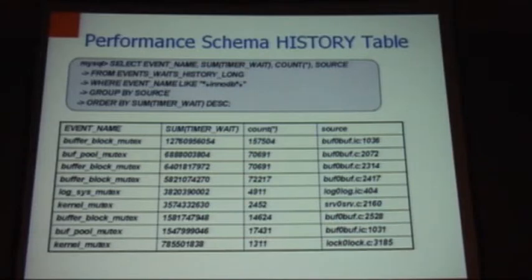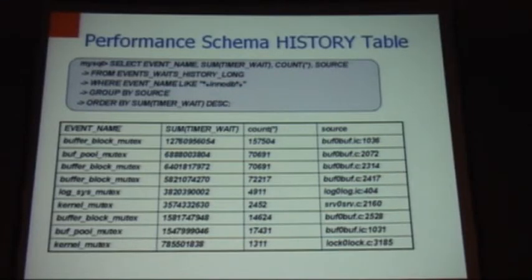So a mutex can be overloaded and can happen in different places, and you know exactly which place is hot in the last operation. Also, this table, you can truncate. It's like a normal table, although it's not really a table, but you can just work on it. You can truncate it, so you say, I want to wipe out the history.